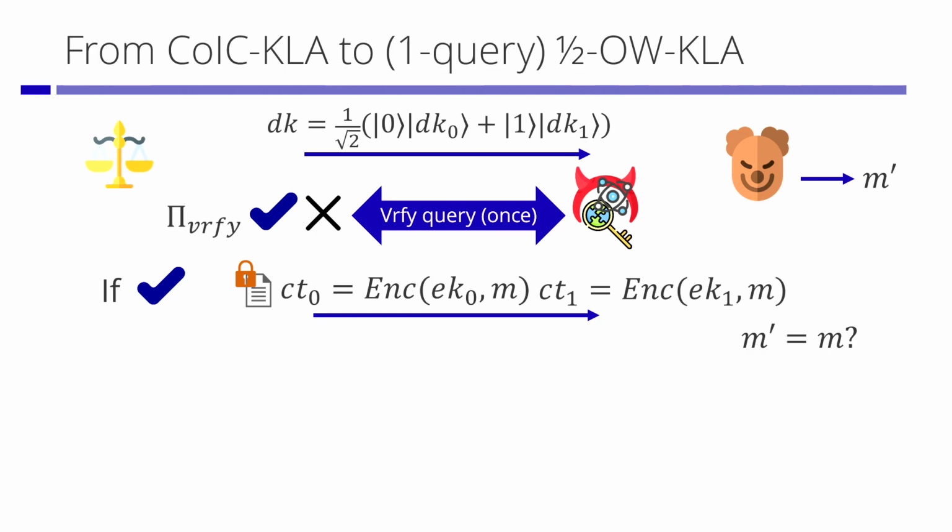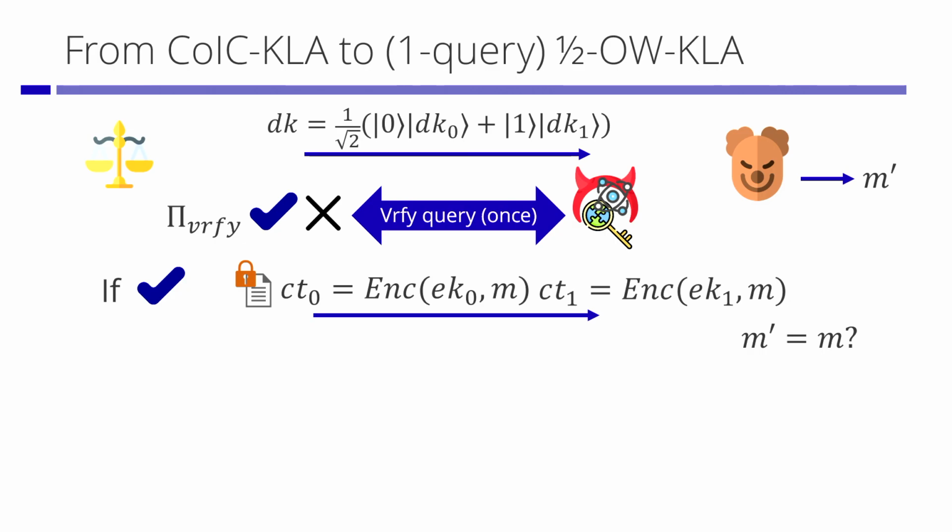By using this security notion, we can prove that the simple construction satisfies one verification query and half one-way carrier security. So here, I show the security experiment of one-way carrier security for the simple two-key construction. The adversary receives the superposition decryption key, and can send a verification query once.